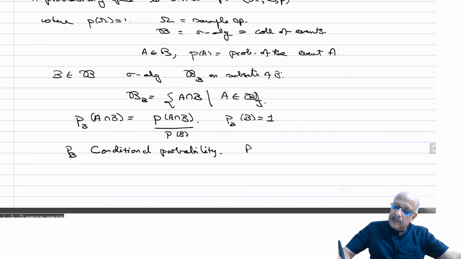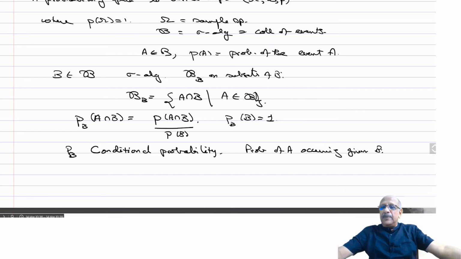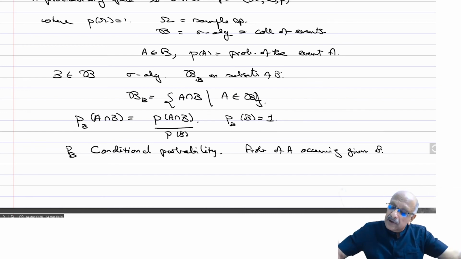So it is the probability of A occurring given B. Given that B is happening, what is the probability of A also happening?